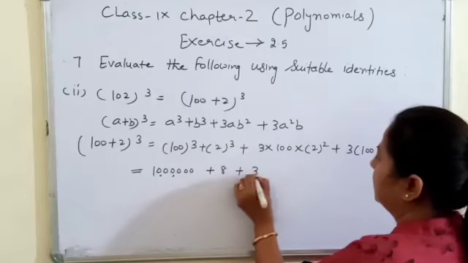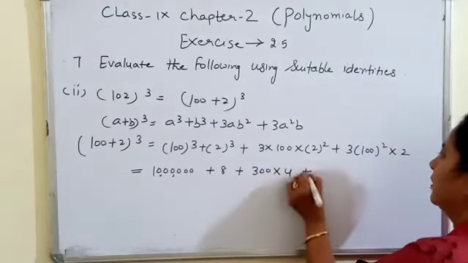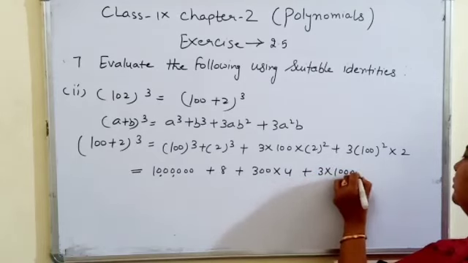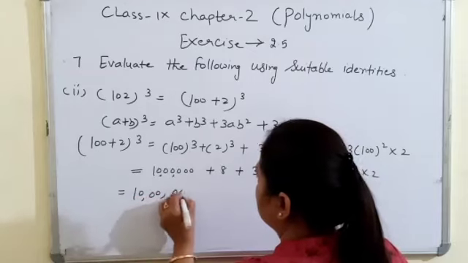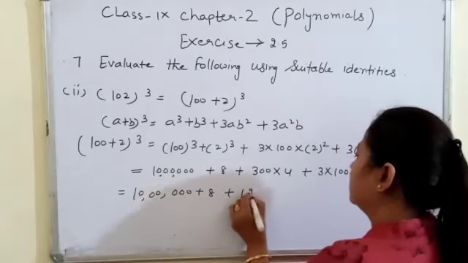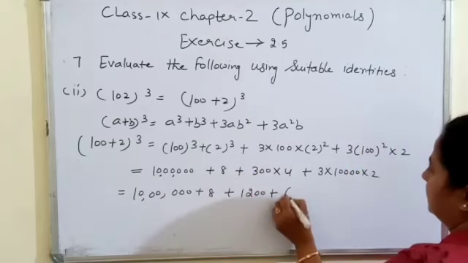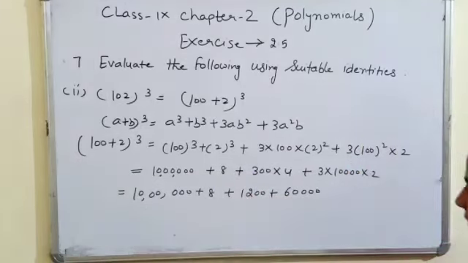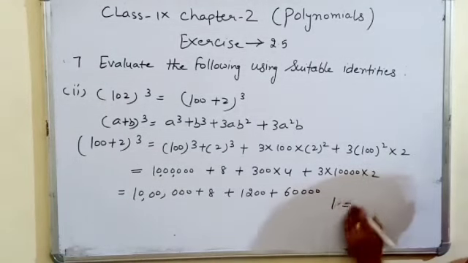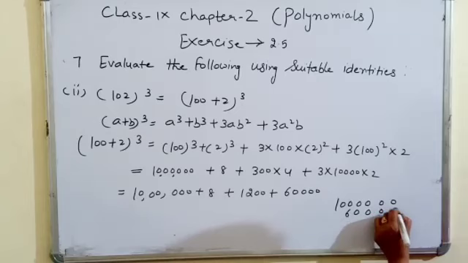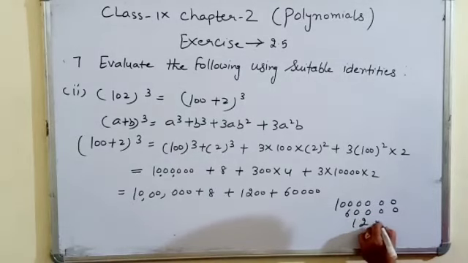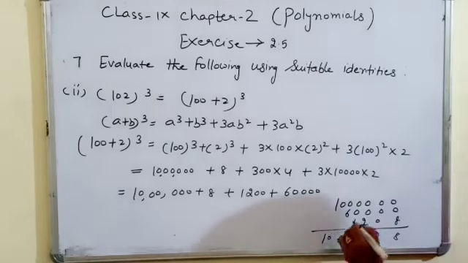1000000 plus 8 plus 300 into 4 plus 3 into 10,000 into 2, that is 1200 plus 60,000. So let's add them. 60,000, 1208, 1061208.